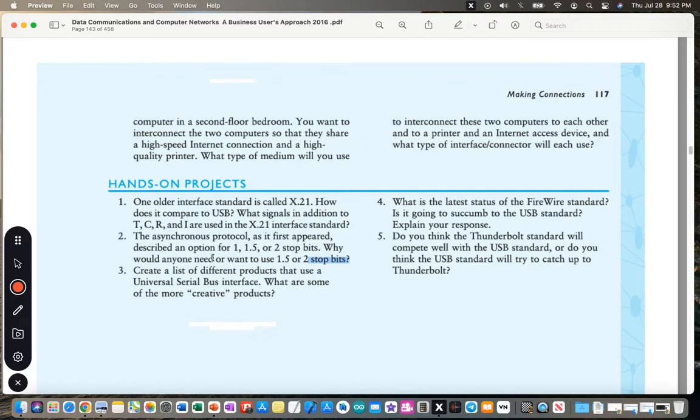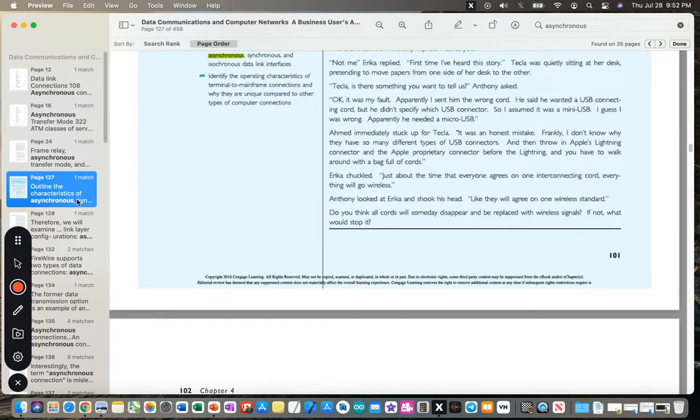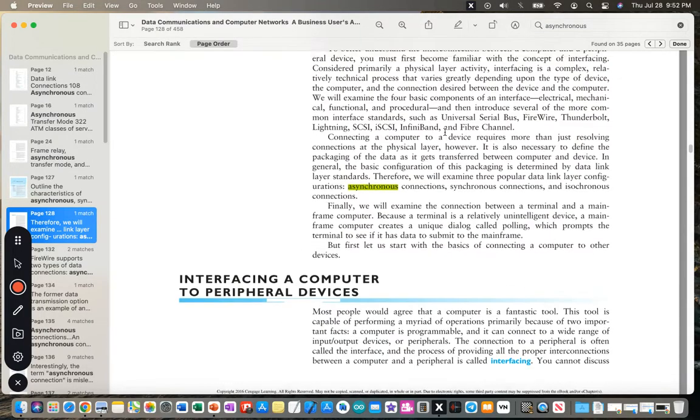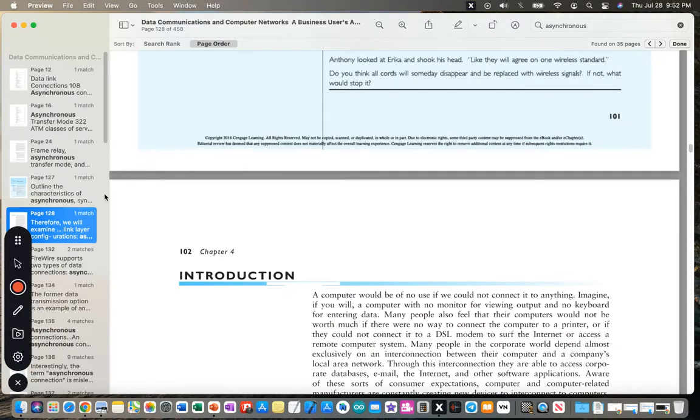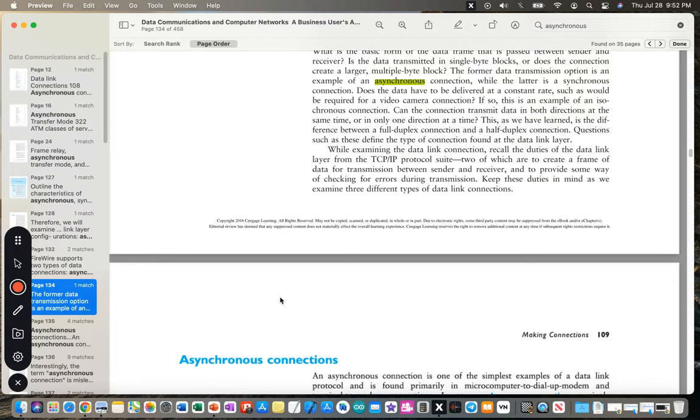So it's by bits, like small pieces. Synchronous, asynchronous. Right. Here we go.